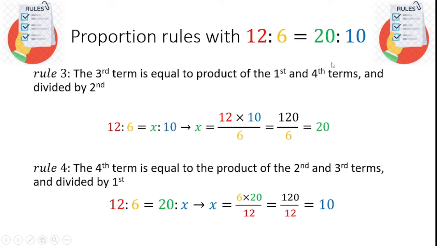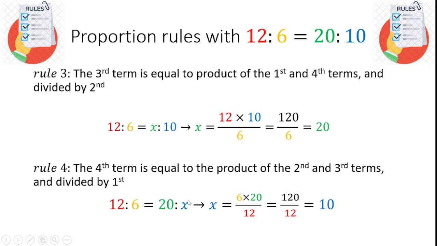In my proportion, suppose I don't have the fourth term. What should I do, what should I calculate? Yes, I consider rule 4 is also available. Rule 4: the fourth term is equal to the product of the second and the third terms, which can be divided by the first term. Here you see the first term is 12, the second term is 6, the third term is 20, and the fourth term is x.